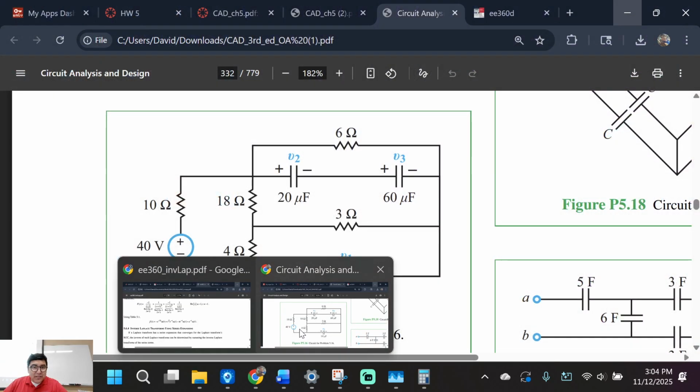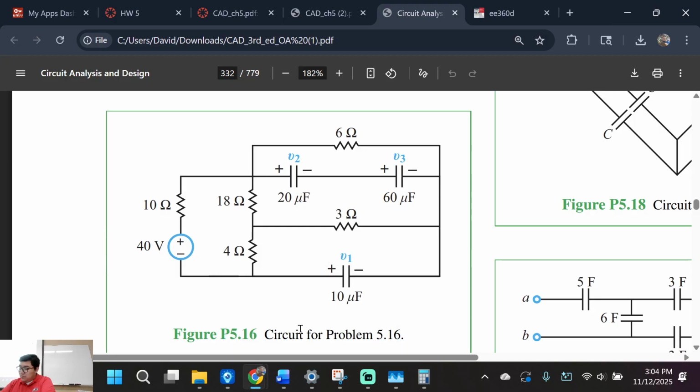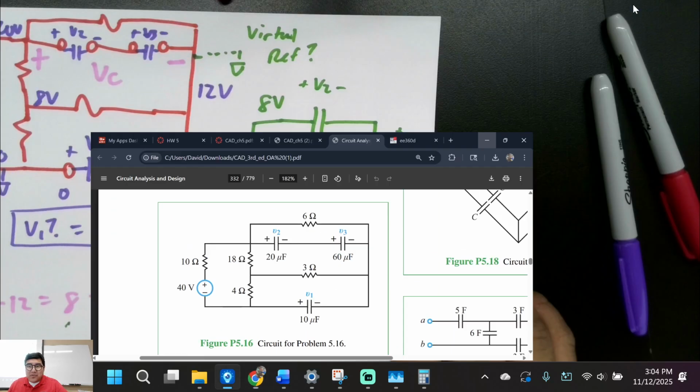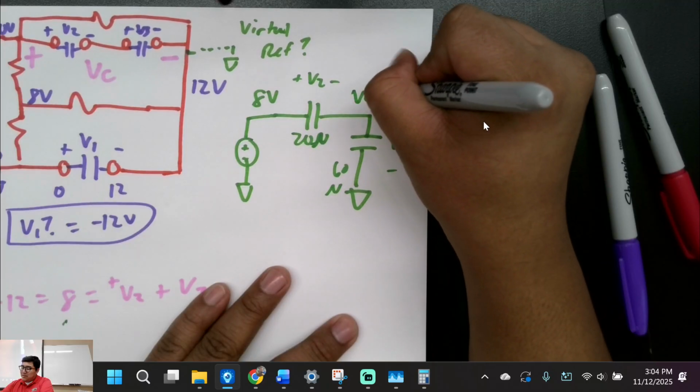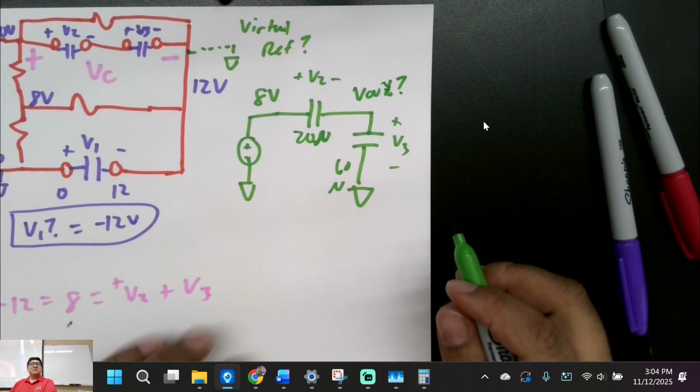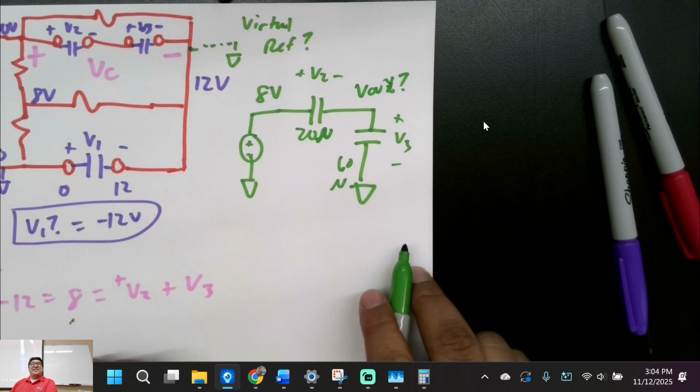Let's see, 20 micro, and this right here is 60 micro. Let me see if I remember how to do charge sharing. And we want to find this V out, the voltage there.